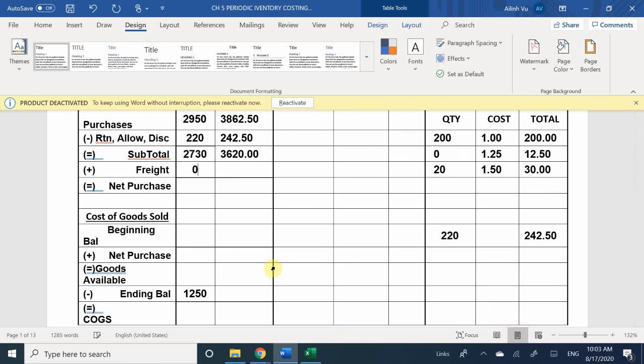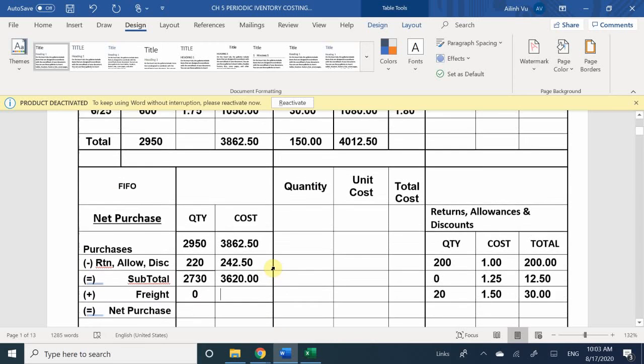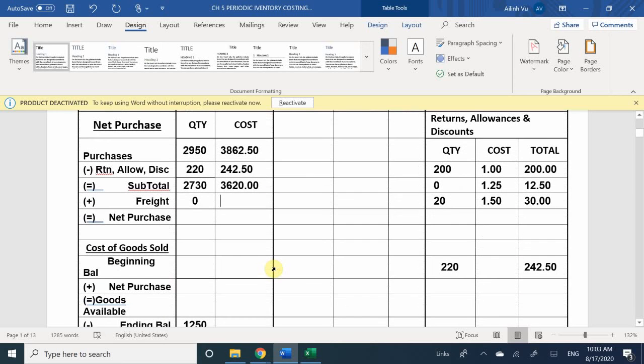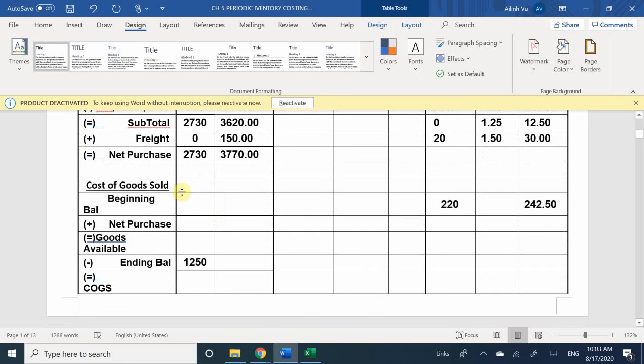What is my freight? 150. All right, and my total purchases here is going to be 2,730 at 37.70. Good.